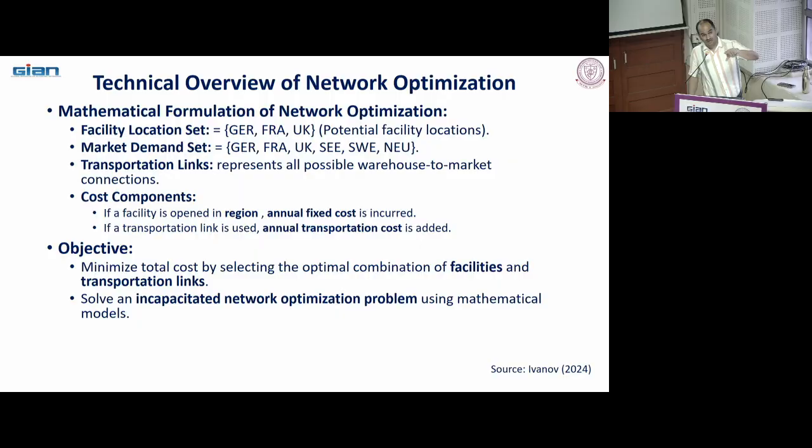But in yesterday's example, I have shown you, the capacity was 0. Why? Because we were not restricting that capacity level. But if suppose I want to say that my capacity should be 100 meter cubic of that warehouse, then you can put that restriction. That is called capacitated facility location problem. You can use the same logic for your VRP as well, capacitated vehicle routing problem.